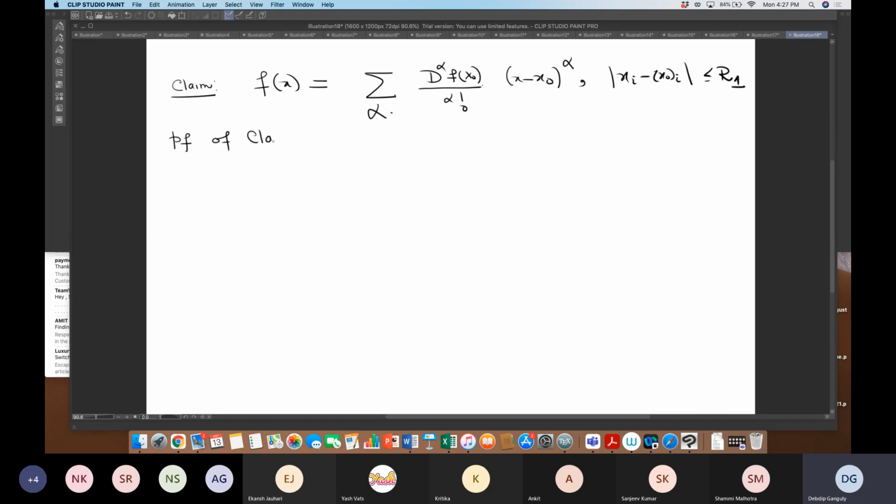Proof of claim. We will be able to write f(x) as a power series expansion around the chosen R1. So this proves that f is real analytic at the point x naught. Since x naught is arbitrary, we will have proved that f is real analytic in omega. Is that clear? How I will be showing f is real analytic in omega. Is that clear?